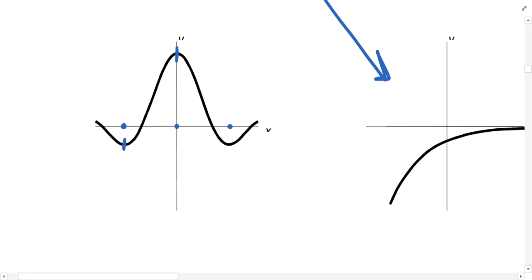And while it's slightly positive here at the beginning and slightly positive here at the end, it's rather steep here in the middle, so it's going to be significantly more positive. And this looks like an inflection point to me where concavity changes. So that tells me that the derivative has to reach a 0 at that point as well. So I think the graph of the derivative should look something like this.